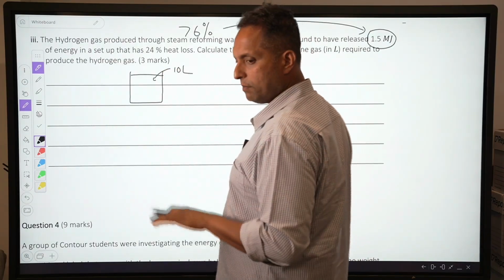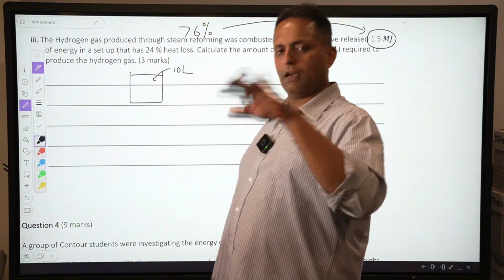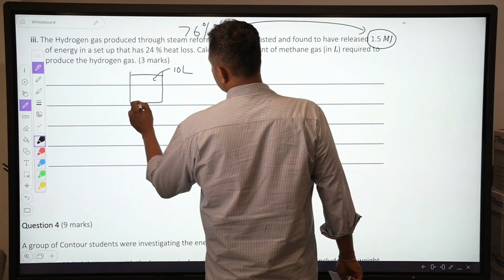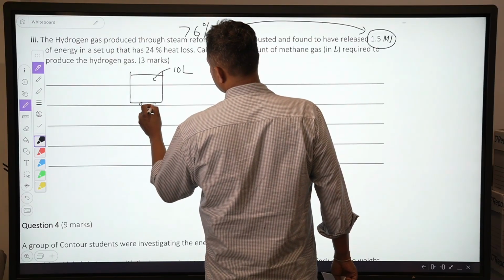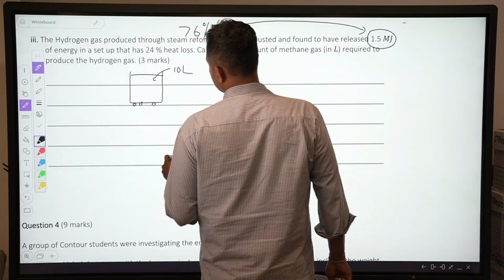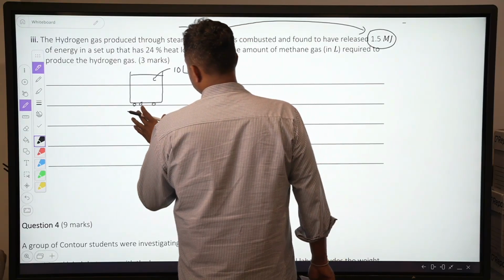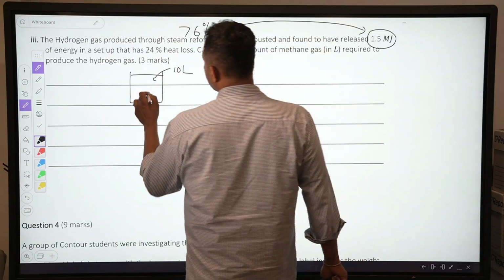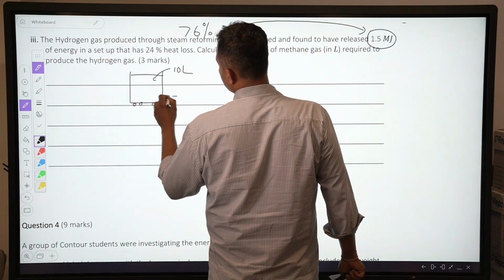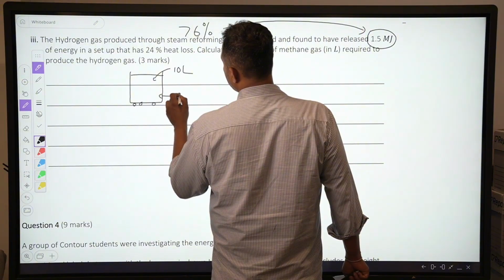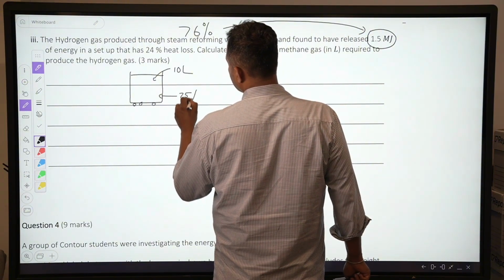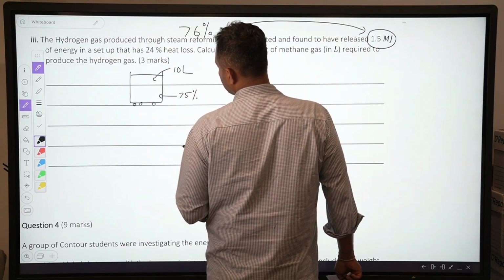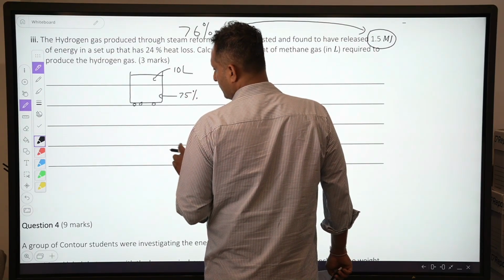All right, so when the bucket is full, you have 10 liters. Now let's say there are holes in the bucket. Due to these holes, only 75% of the water is going to be left in the bucket, right?